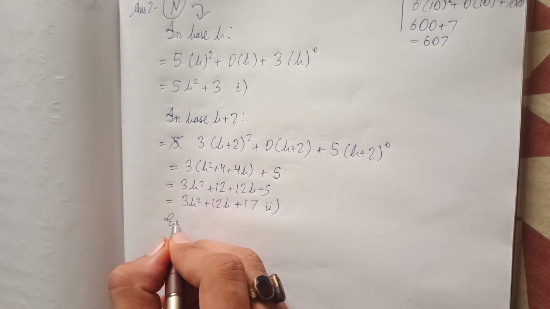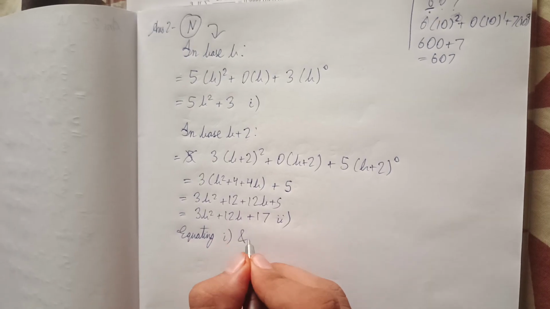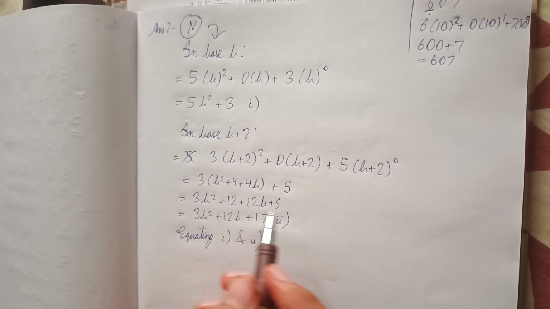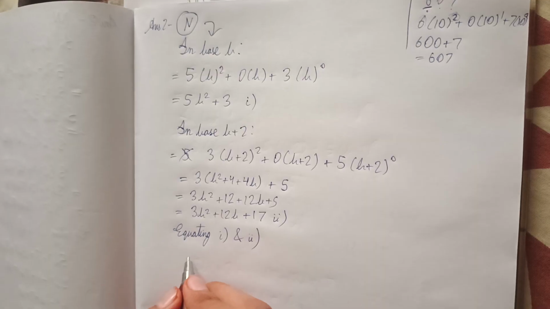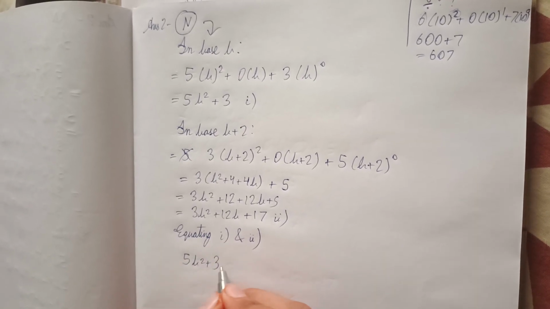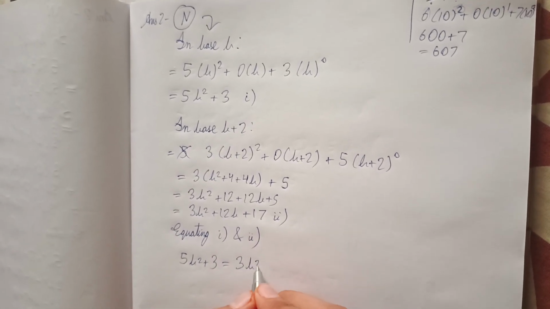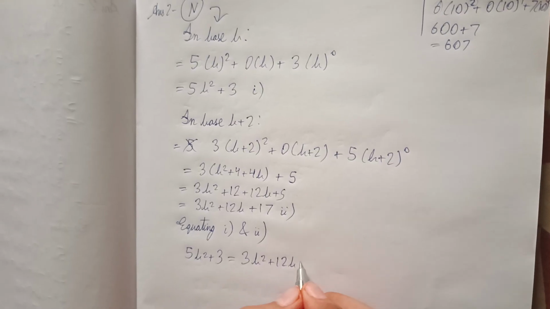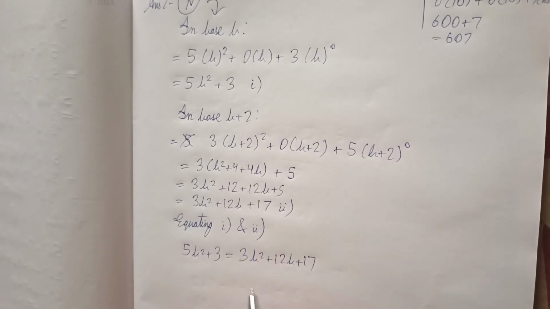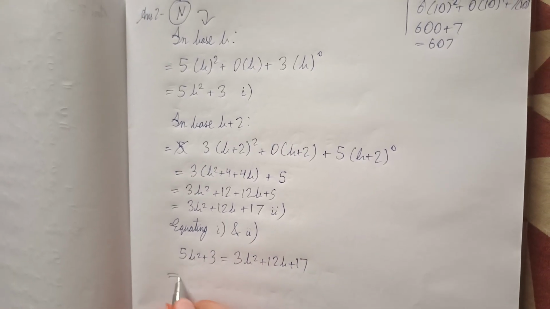So equating 1 and 2, we'll get the value of b from here. We can put 1 on the left hand side, 5b squared plus 3, and 2 on the right hand side, 3b squared plus 12b plus 17. Now quickly solving this will go here, this will become 2b squared.